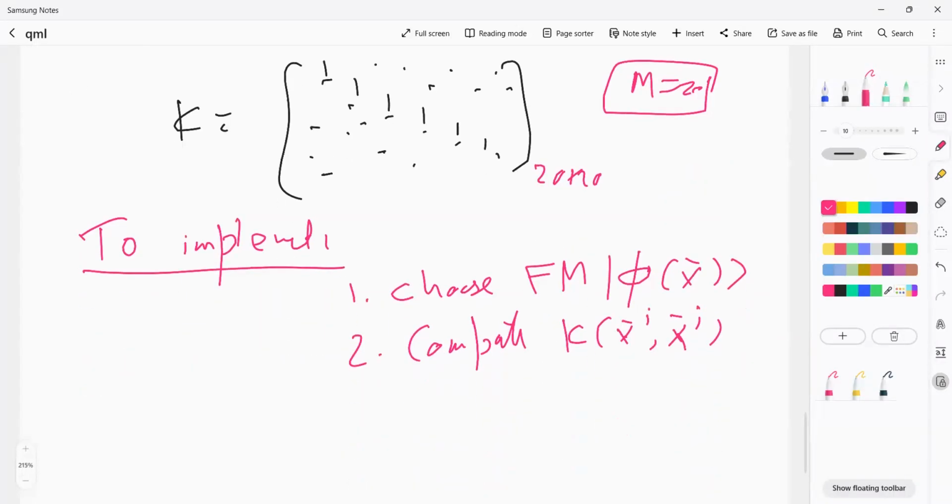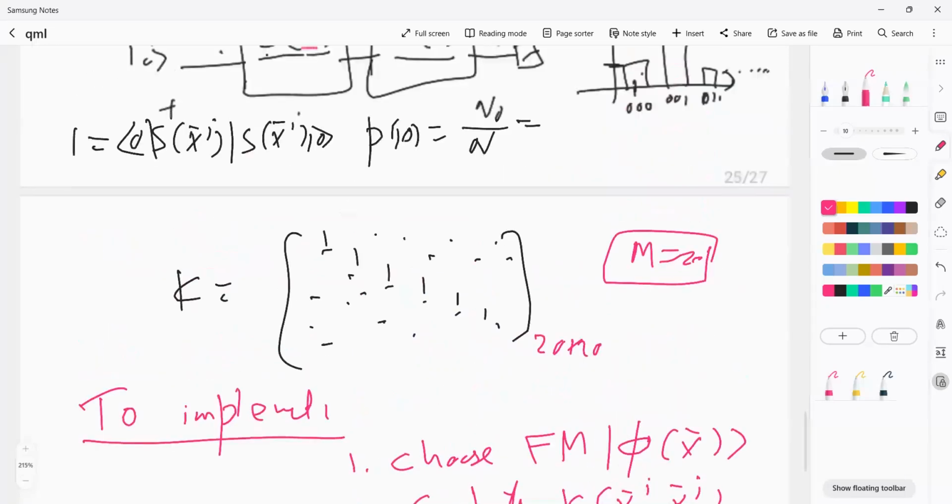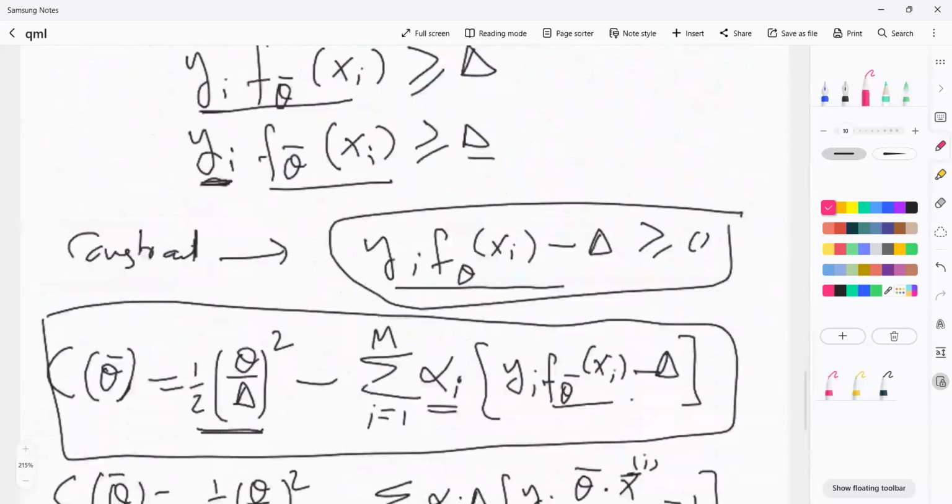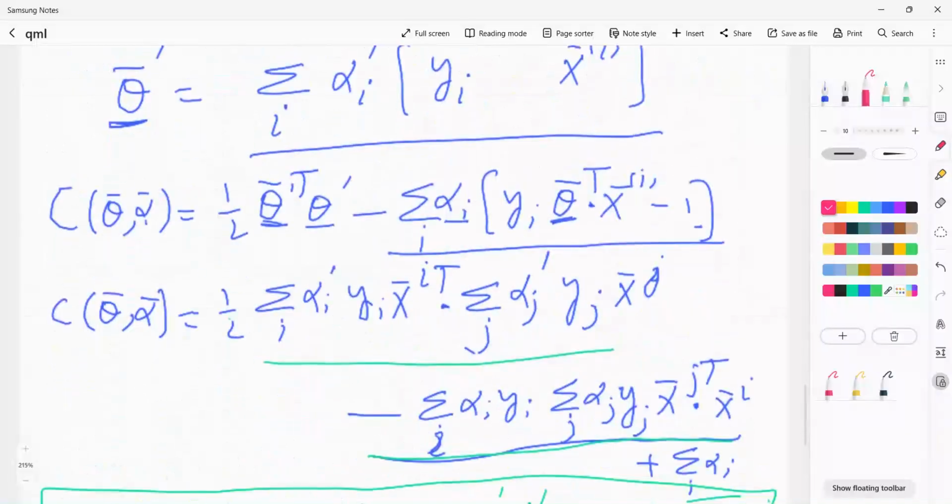And when you want to do the prediction, you will need to compute the inner product of each element in the test set with each element in the training set. So after you compute this K, you train the SVM. And this SVM code is just the same whether you use classical machine learning or quantum machine learning, because the difference between classical and quantum is not the cost function. The cost function is exactly the same.